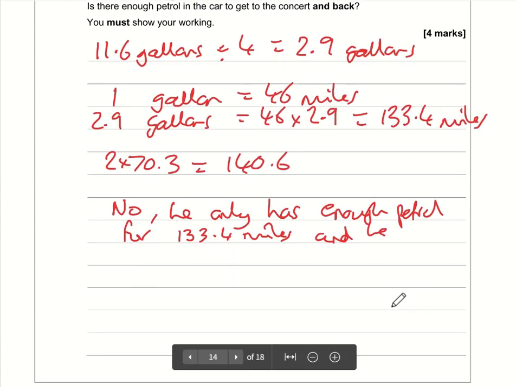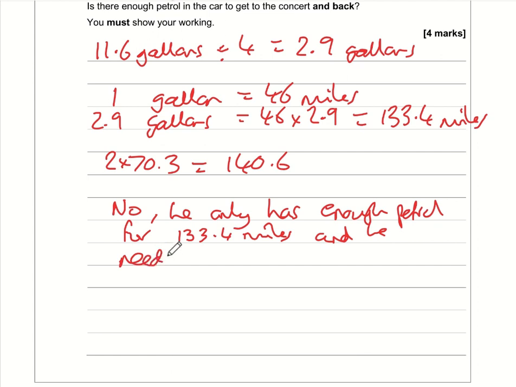I'm probably writing too many words here. I mean ideally we've got the marks already, but it's always good to put in a confirming sentence at the end. There we go. Job done.